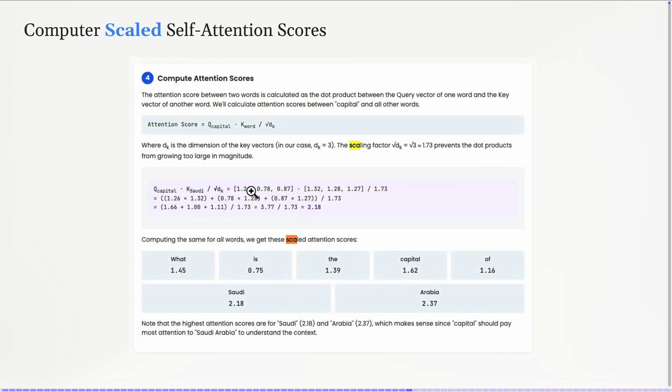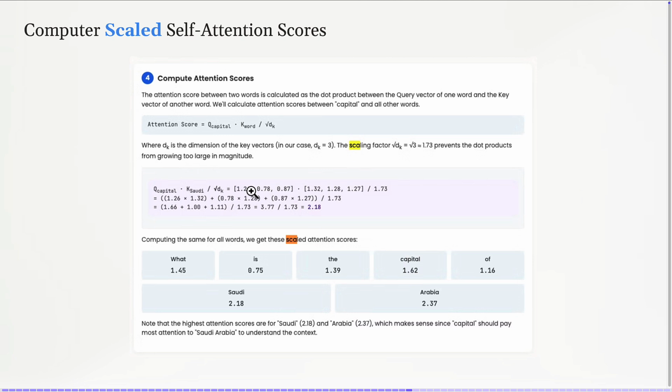This is why in the first transformer paper they tried to calculate the scaled self-attention score, and the attention score between two words is calculated as the dot product. Here they have chosen a constant, the square root of the key dimension, to divide by.